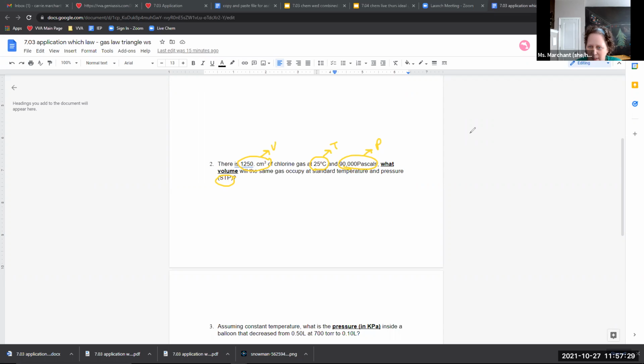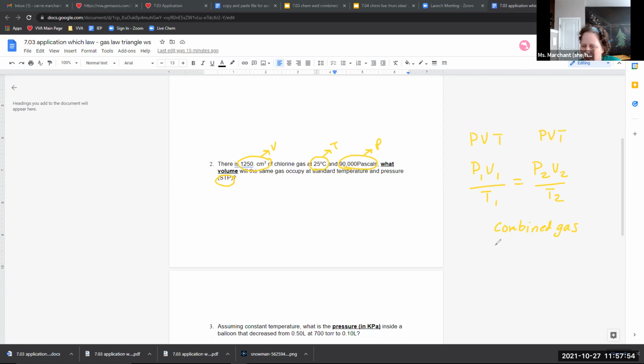So in this case, I have pressure, volume, and temperature on the left, and I have pressure, volume, and temperature on the right. So I need to use the whole triangle. Pressure 1 times volume 1 over temperature 1 equals pressure 2 times volume 2 over temperature 2. The combined gas law.